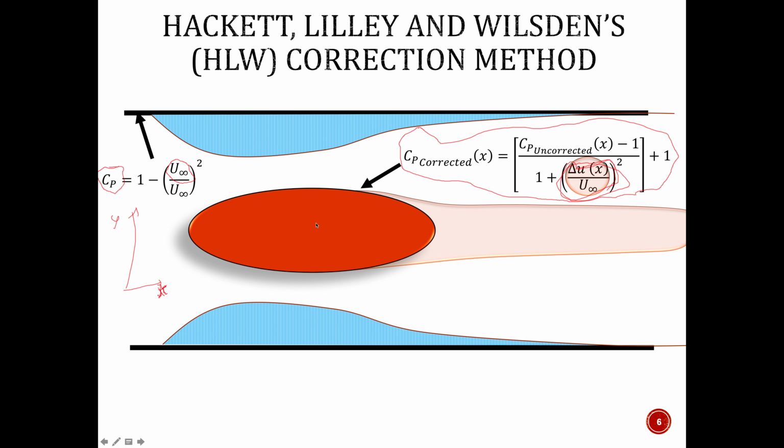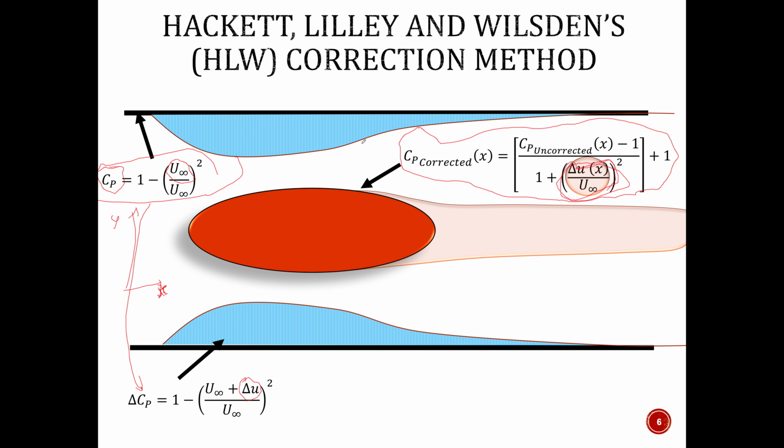So we can rearrange the CP equation right here. It's basically the same equation, but you have this increment in velocity and the local surface on the wall.